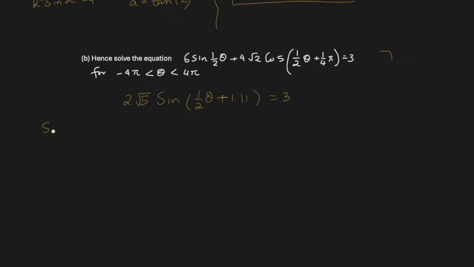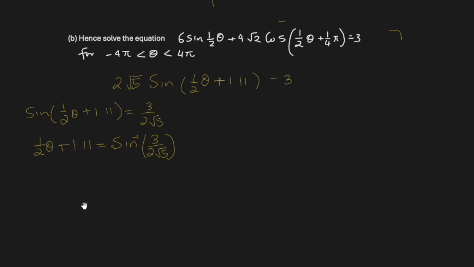Sine half theta plus 1.11 equal to 3 divided by 2 square root 5. Right? So half theta plus 1.11 equal to sine inverse 3 over 2 square root 5.